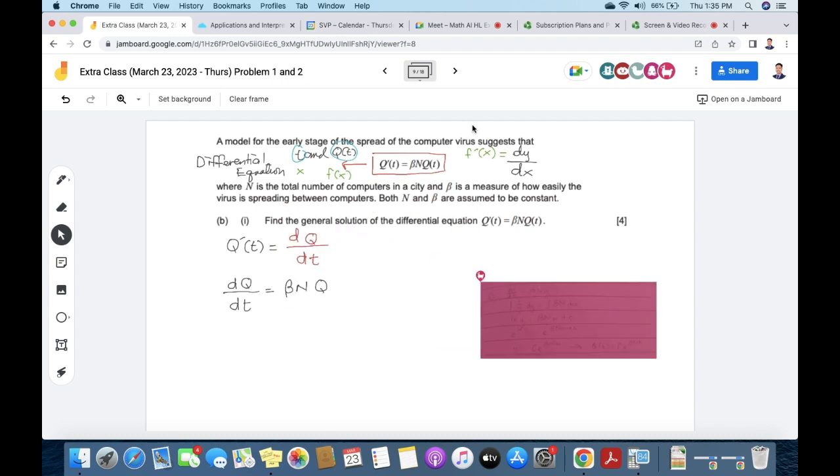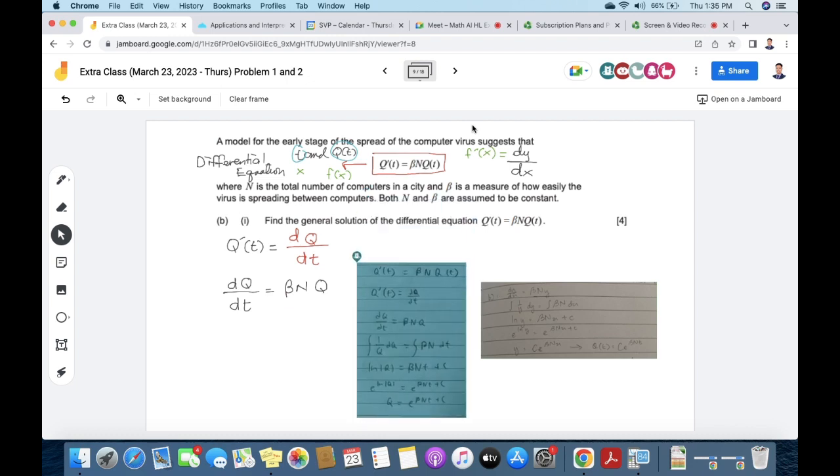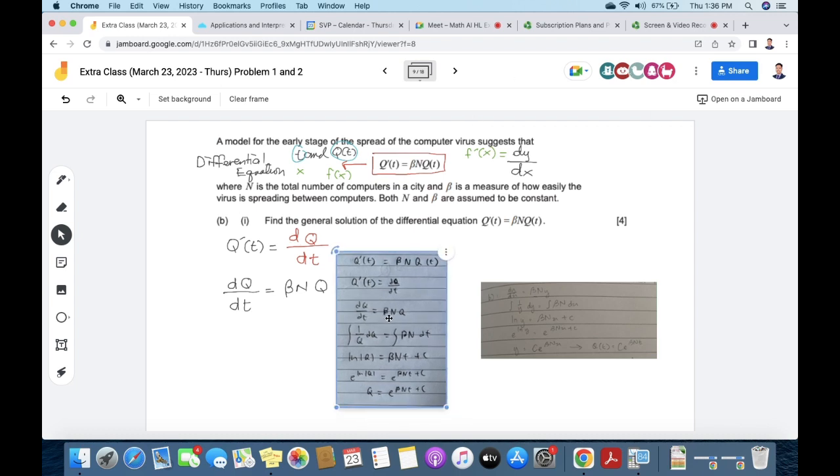This one is from Kanya, I guess. Correct? Yeah, okay, thank you so much. Let's try to check your work. Let's try to see how you're able to do this.